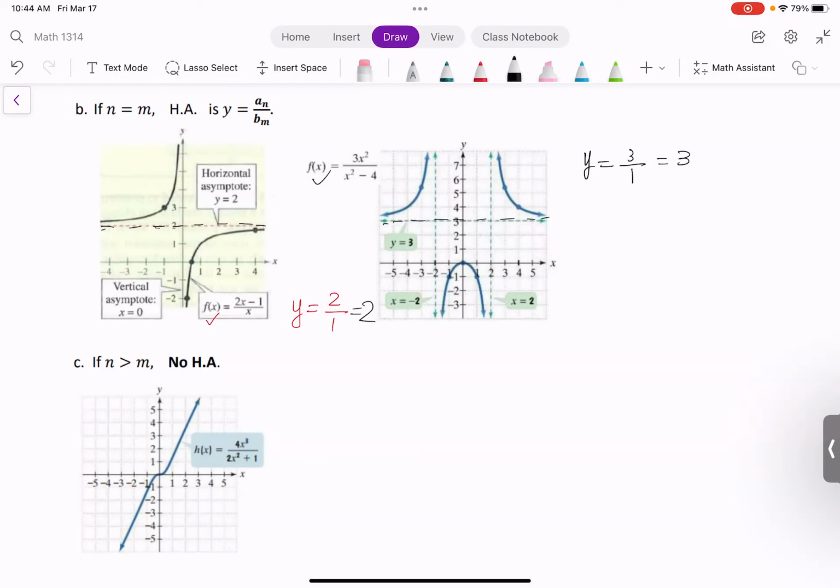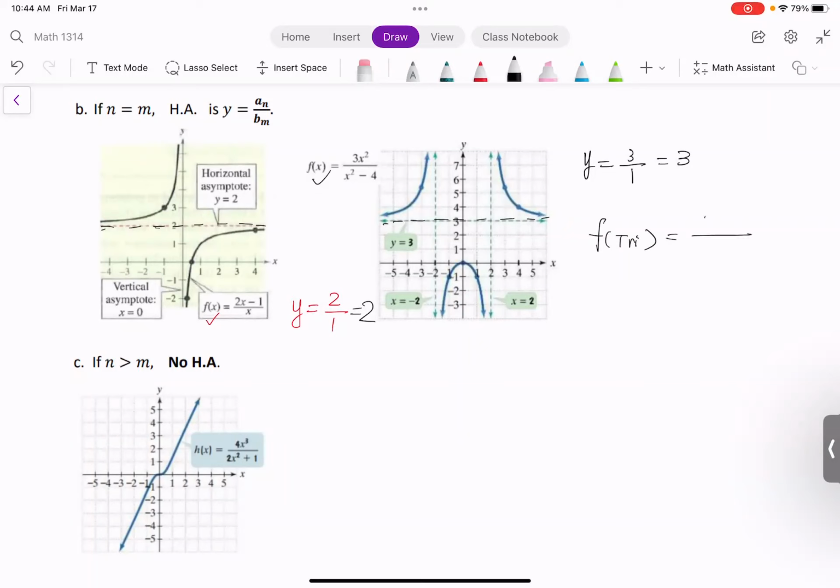You can also plug in a huge number for x and find y. For example, here I plug in a trillion, because I know the definition of horizontal asymptotes is to plug a huge number into the function as x and find the y value.